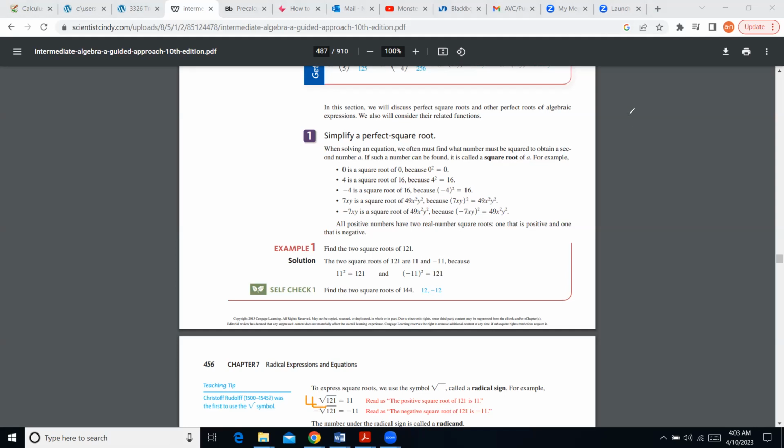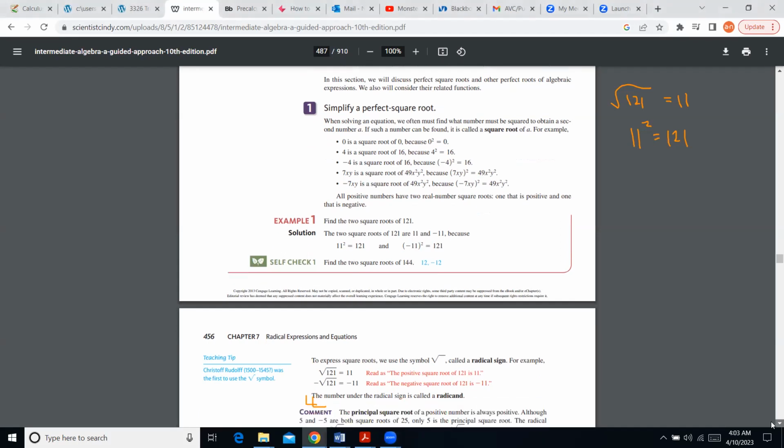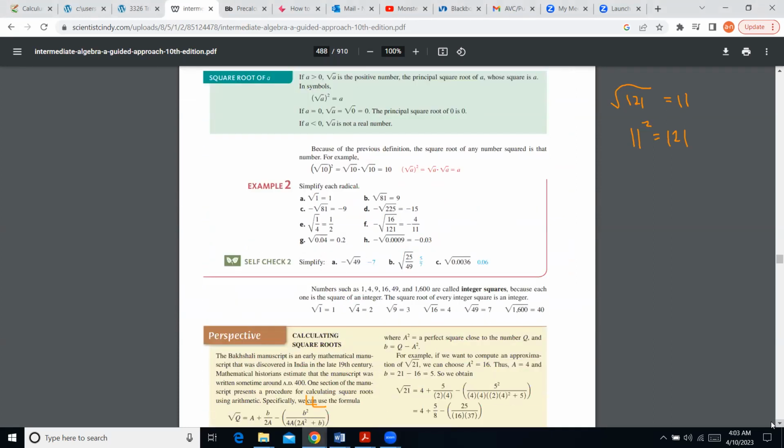The reason the square root of 121 is equal to 11 is because 11 times 11, or 11 squared, is equal to 121. So that's like a backwards procedure that we think of when dealing with those roots.